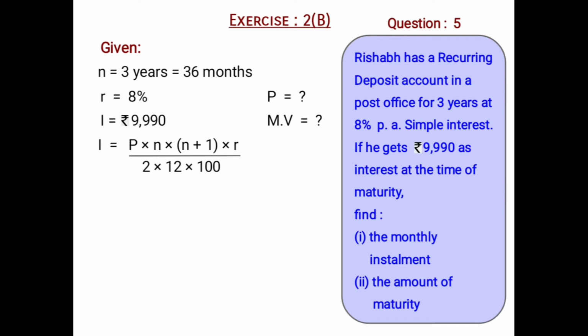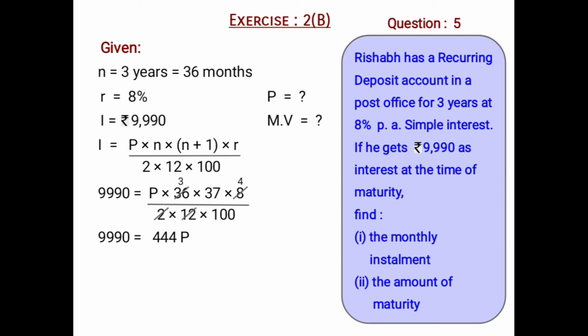Next we are going to substitute the values of N, R and I. After substituting, we are going to simplify it. Next we will get 9,990 equals to 3 into 37 into 4, that is 444 P by 100.